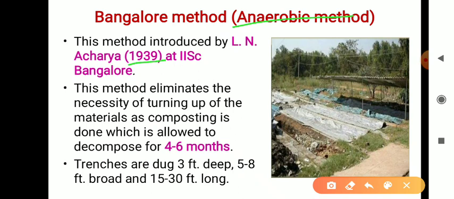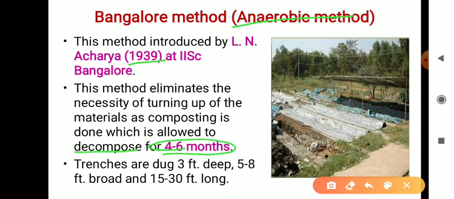In this method, the waste is disposed of in a pit or trench and closed off, and with the help of bacteria or microbes it is converted into compost or manure. It takes 4 to 6 months.